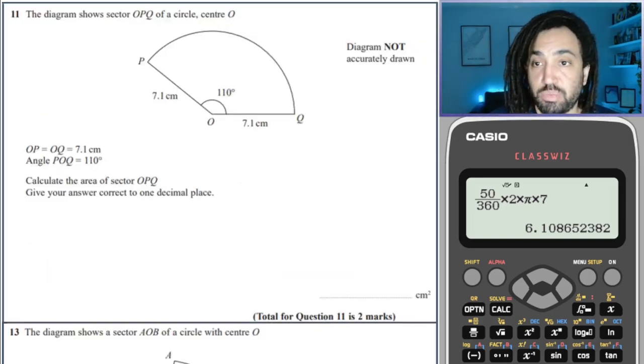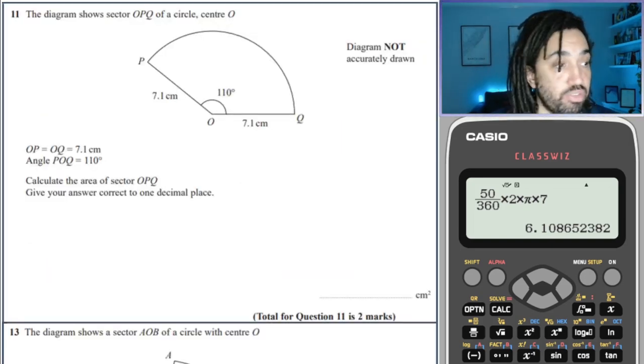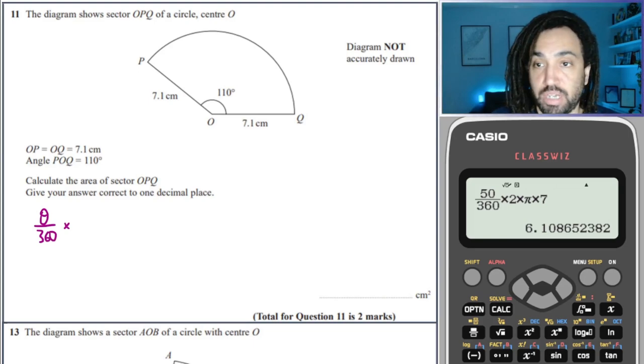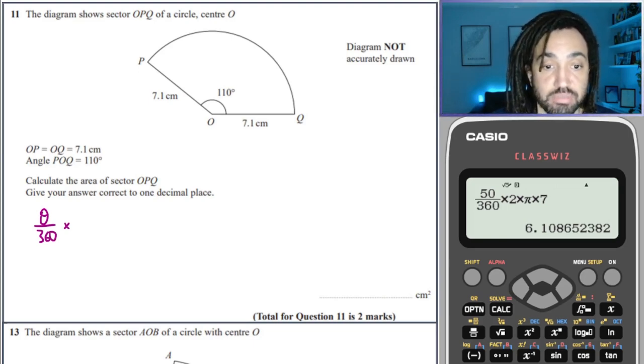Okay, next question, we are looking at the area of the sector, so we're going to do the angle over 360 multiplied by the area, which is pi times by r squared. And this will give us the area of the sector.